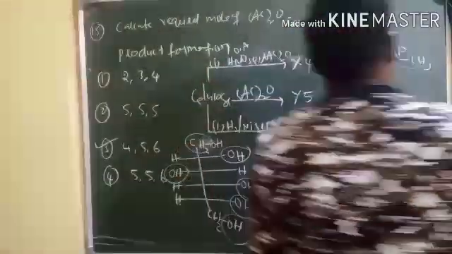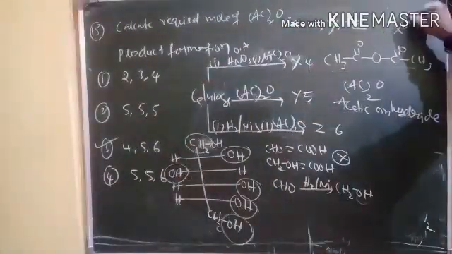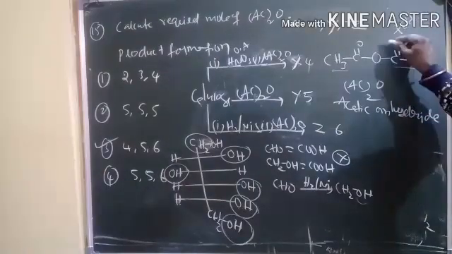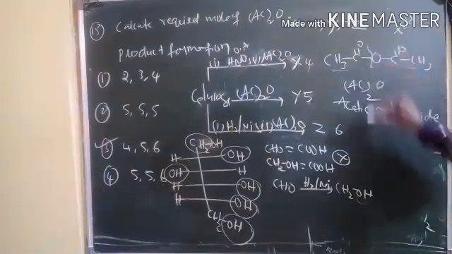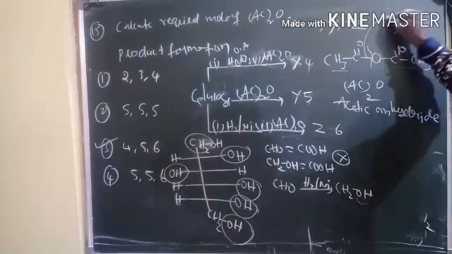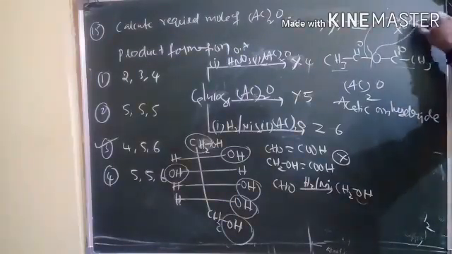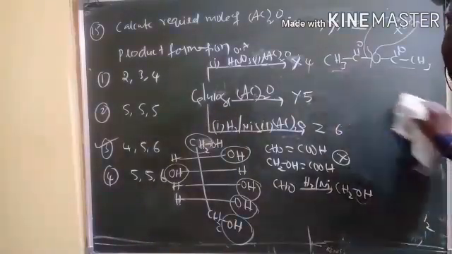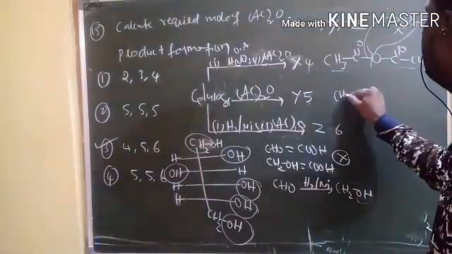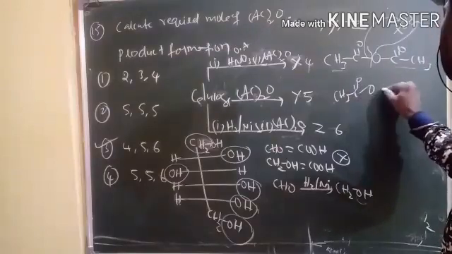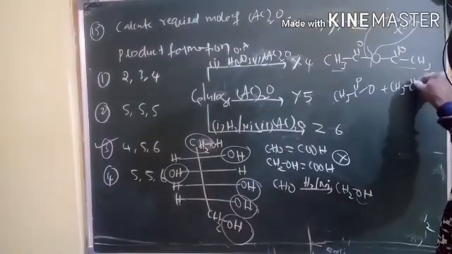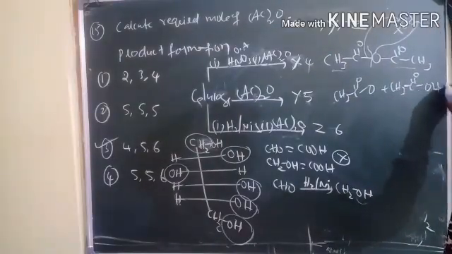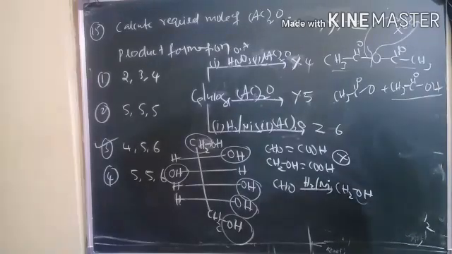Actually, what happens when OH reacts with the anhydride is that this bond will break. This bond is going to attack this carbon, and this oxygen is going to take the hydrogen, to form CH3 C double bond O plus CH3 C double bond OH. So here acetic acid is eliminated.